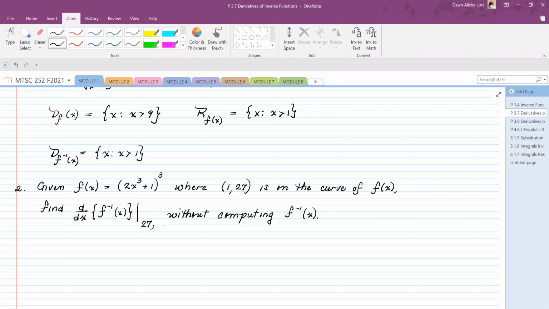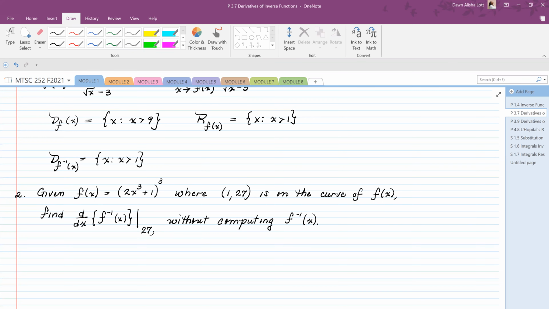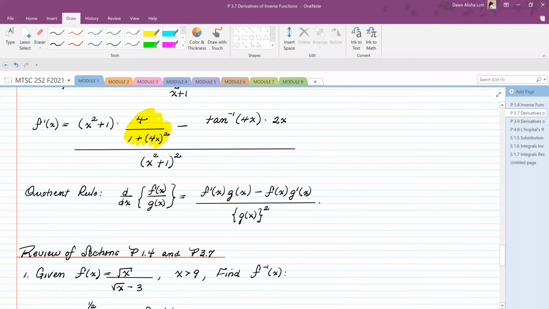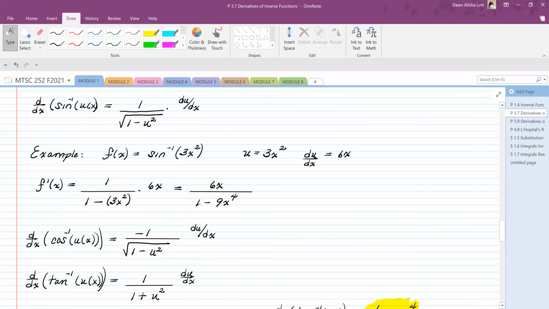So we talked about this yesterday. Is this when you flip y and x? Okay, so when I flip y and x, that's the process of actually computing the inverse. So we're not allowed to do that in this problem. So let's go back a little bit, back before we talked about the inverse trig functions.